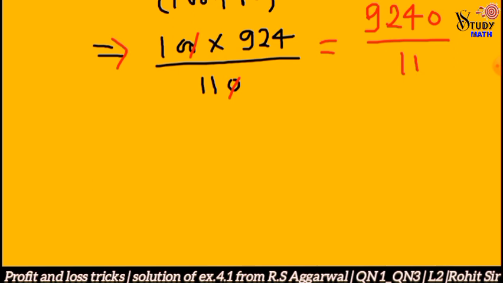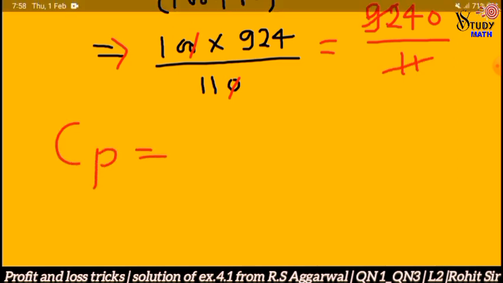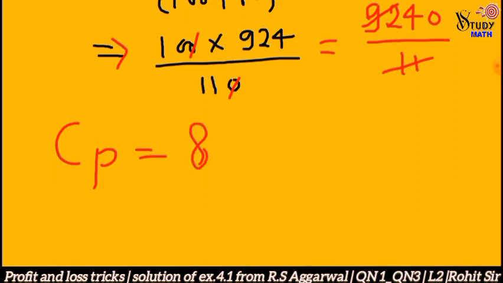Now the CP is here. 11 cuts 92, 8 times, and 4 is remaining. Then we copy 4 and 4, 44, and 0 remains the same. And this is the answer of this problem.